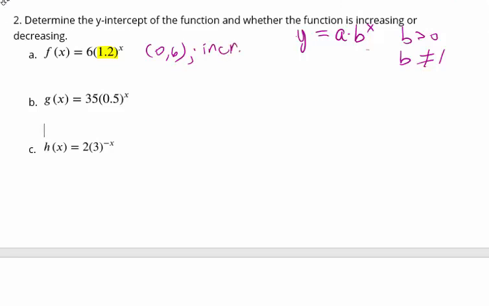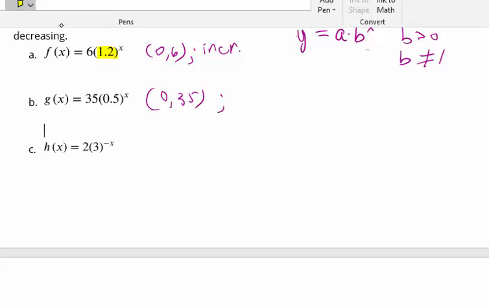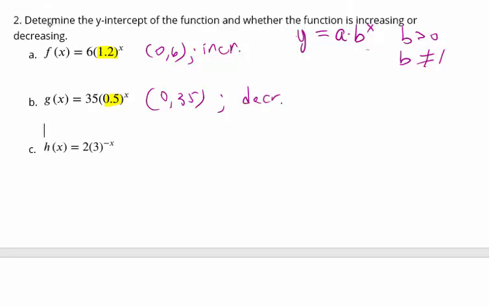Okay, next, g of x is 35 times 0.5 to the x, so the y-intercept is 35, and this function is decreasing because b is between 0 and 1. And lastly, h of x, our y-intercept is 2, and the function kind of looks like it should be increasing, but you want to take the base along with the exponent, in this case the coefficient of x.